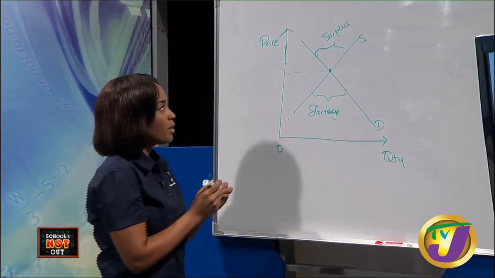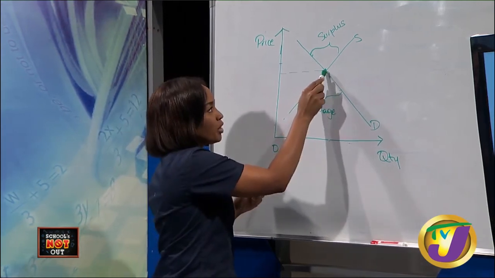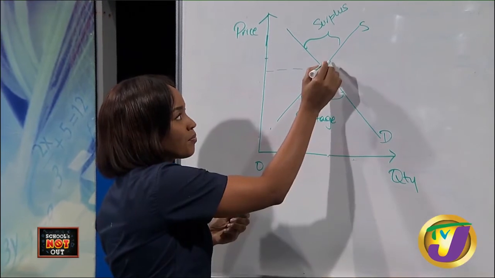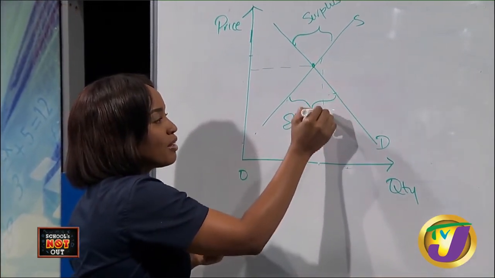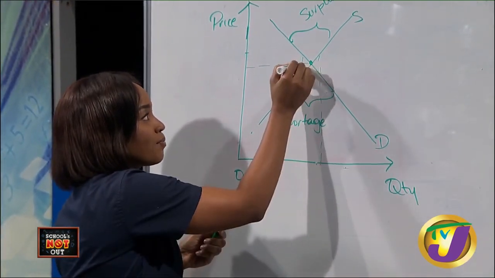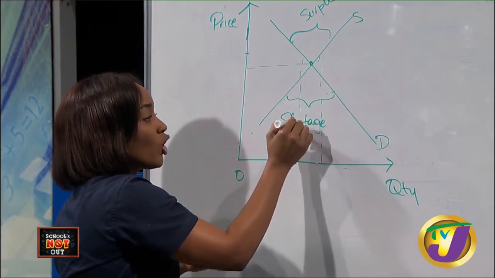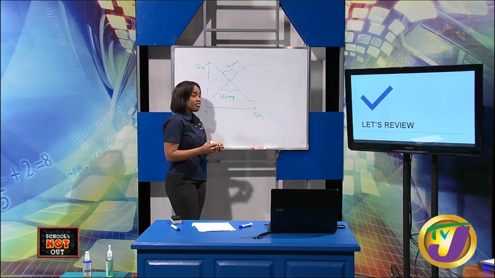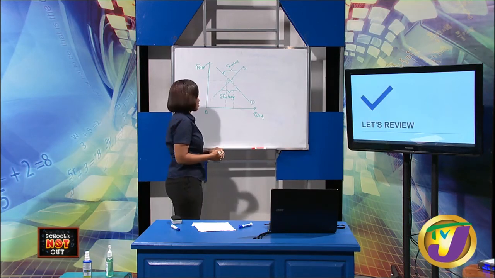This is so because once we go above the equilibrium point, the quantity supplied is greater than the quantity that's actually demanded. So sometimes we say that there's a glut in the market. Too much goods and services are being provided versus what consumers are actually willing and able to purchase.